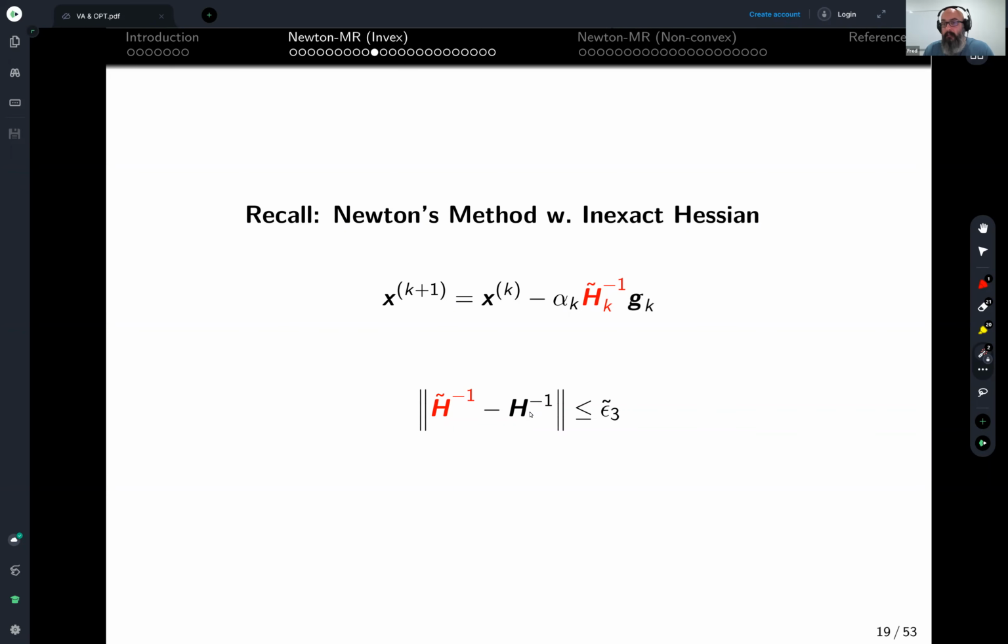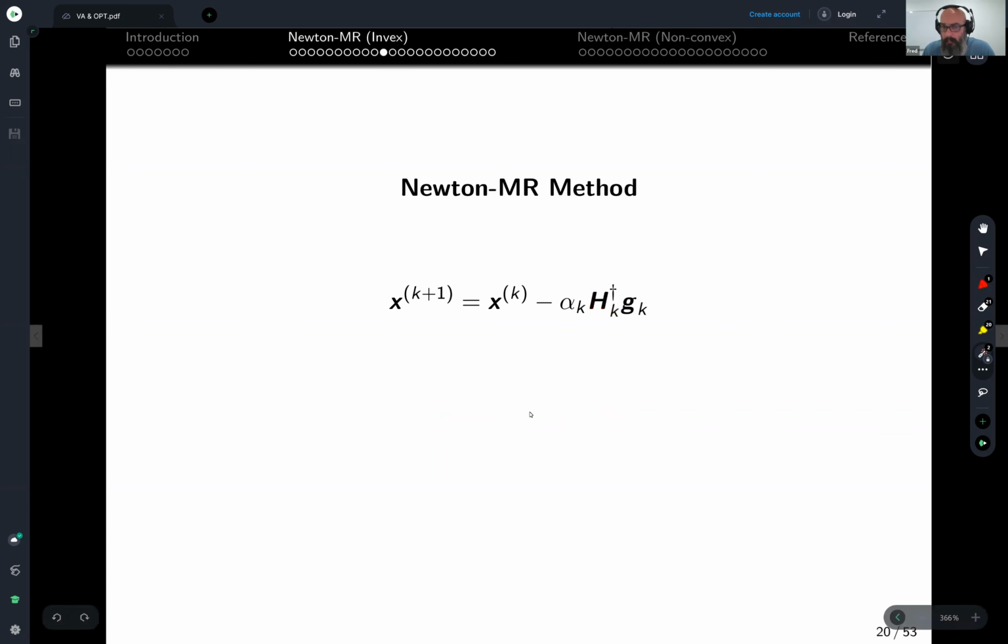But now we are talking about non-convex problems, and we don't have an inverse anymore. The best we can hope for is a pseudo-inverse. Suppose I'm talking about the exact solve, which we don't do. But for the sake of argument, let's suppose we could solve MINRES all the way to the end, and the solution that we get is a pseudo-inverse. So instead of an inverse, we have a pseudo-inverse.